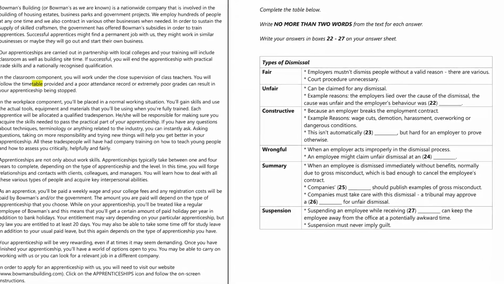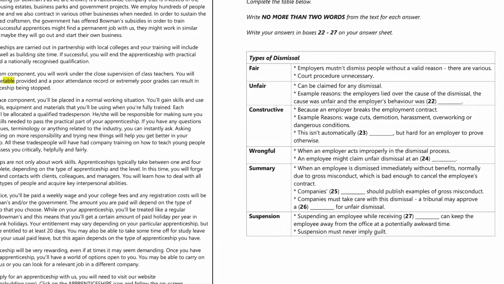Some columns are filled up and some other columns are very empty. And you are being asked to fill the empty columns up with words from the passage. You can find this very confusing, but let me tell you one thing about table completion questions. They're as easy as pancakes. Yeah, as easy as making pancakes.